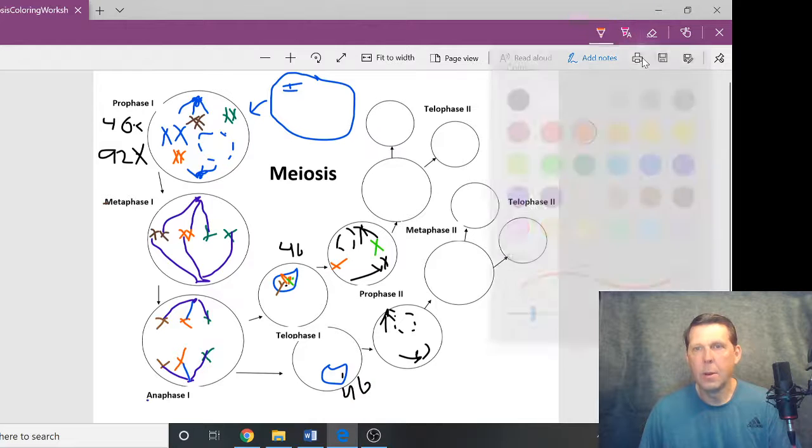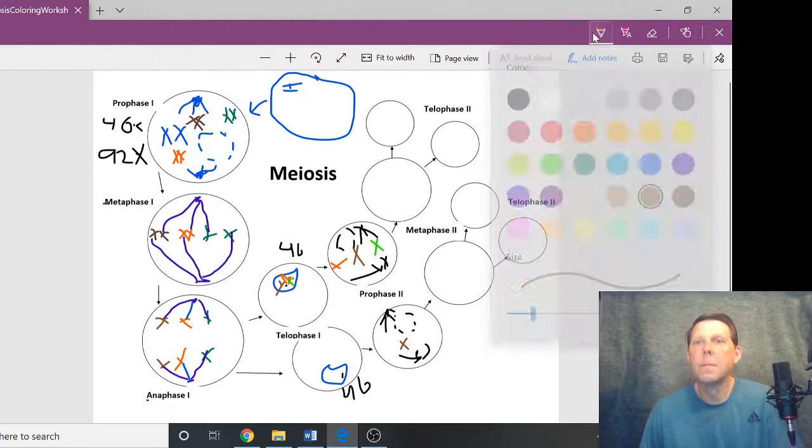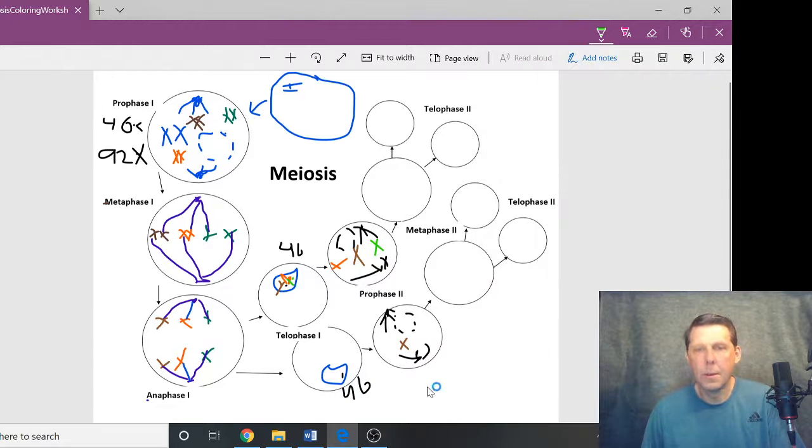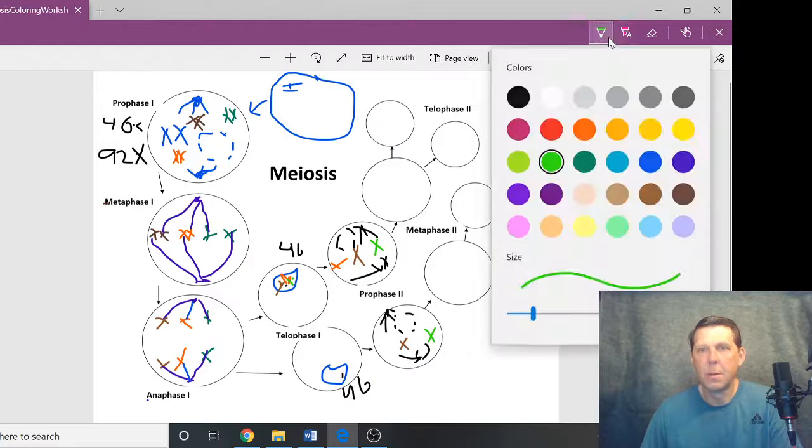Brown guy's out. And our homologous buddies are over here in a separate cell. We're only doing 3 of them, but there's actually 23 of them for 46 altogether. Need an orange guy.